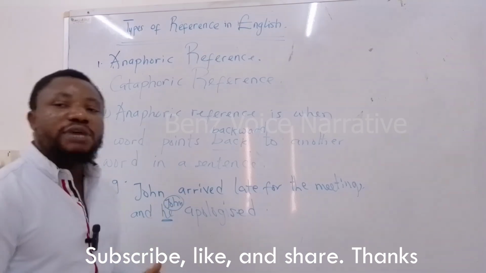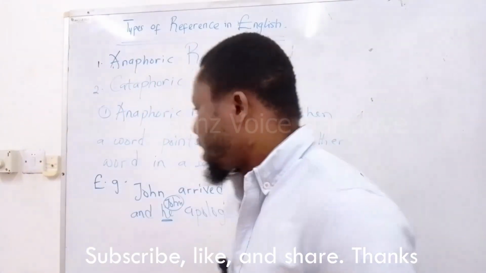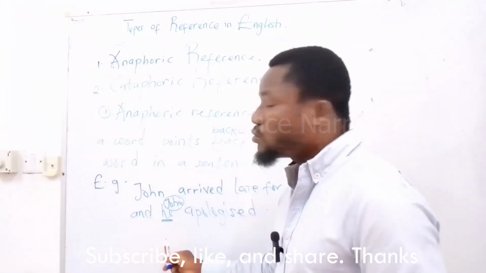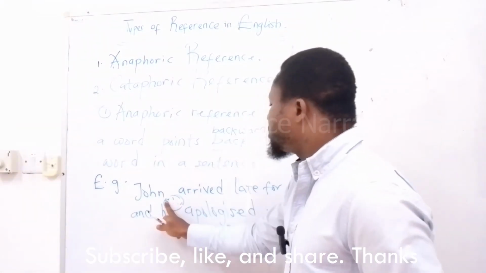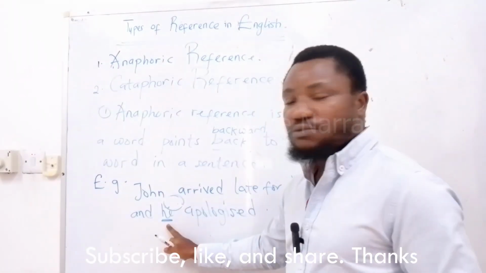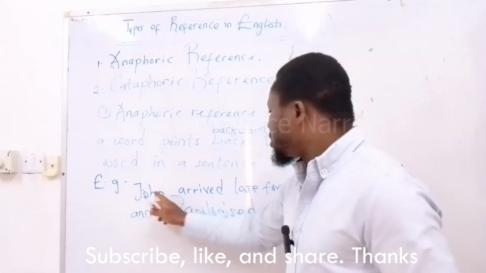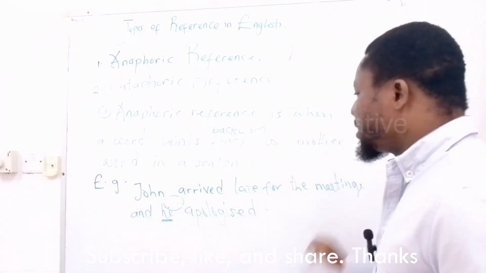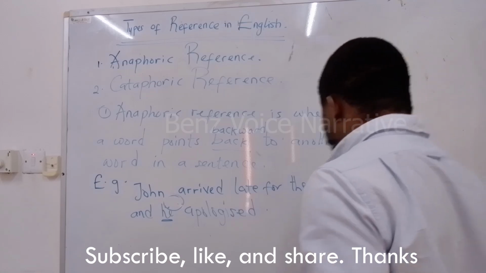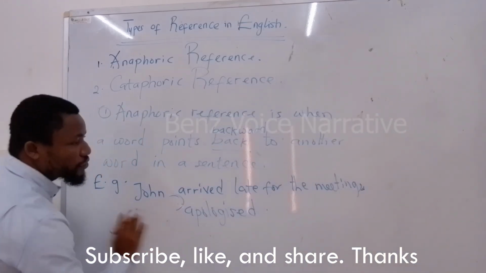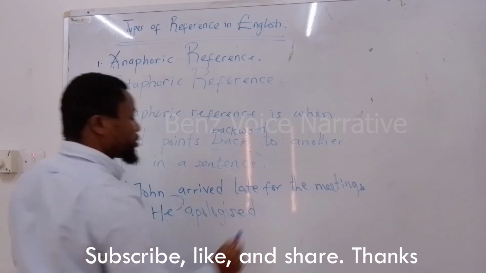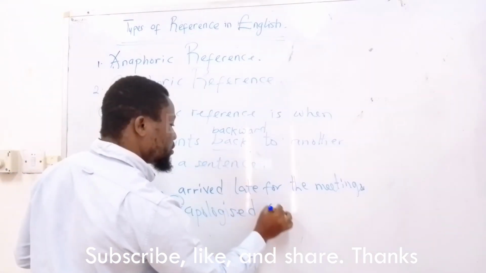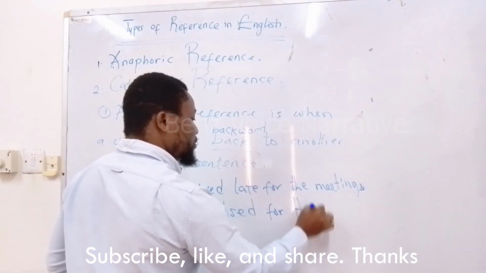Now, instead of us mentioning John for the second time in succession, we cancel out John and replace John with he. We substitute this with this. John arrived late for the meeting. Full stop. He apologized for that action.